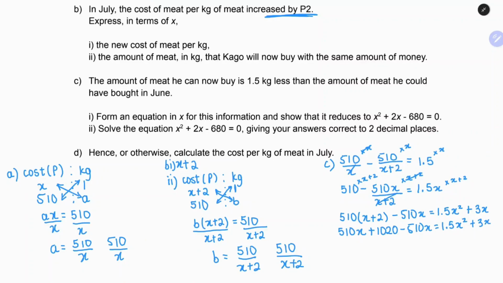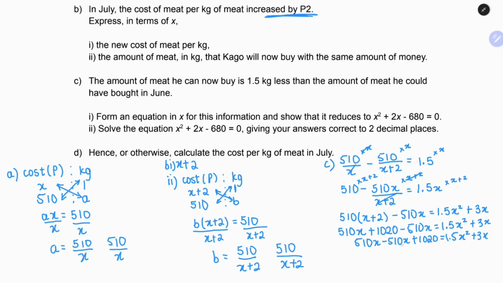So the next thing, we collect the like terms. So 510x minus 510x plus 1020 is equal to 1.5x squared plus 3x.